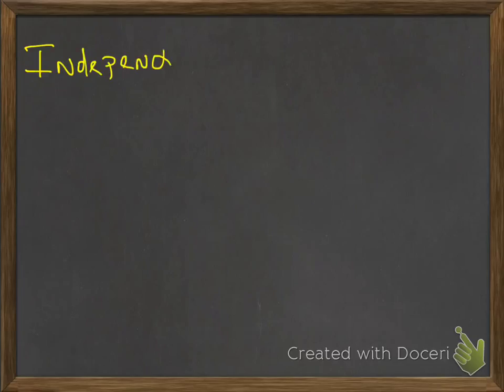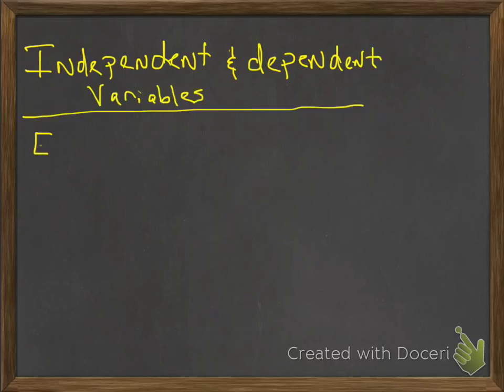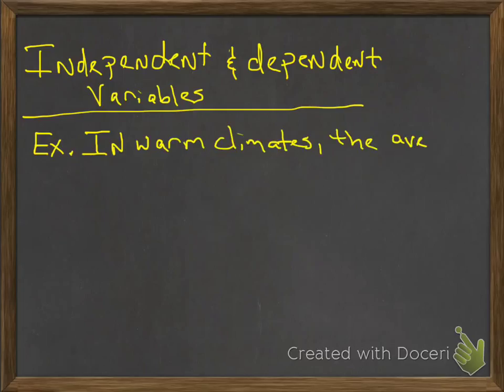All right. So let's talk about independent and dependent variables. Now we're going to start looking at things having two variables, where one is related to the other, or one is influenced by the other.